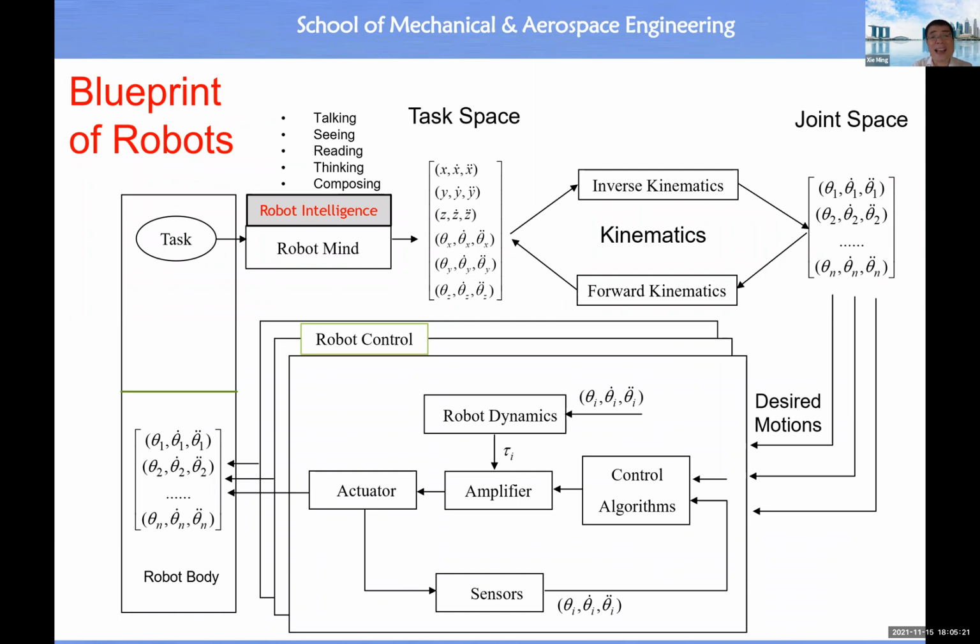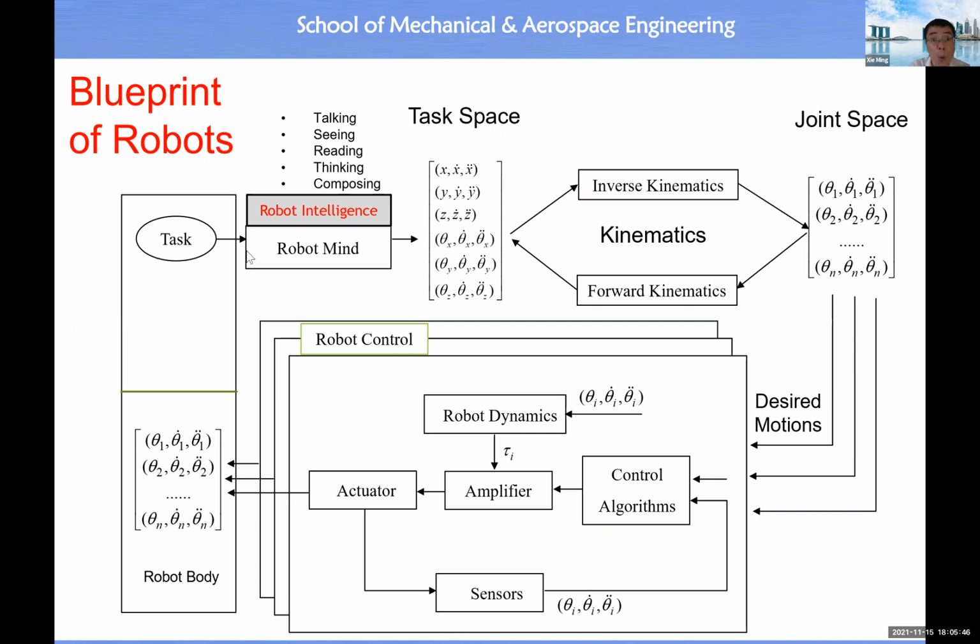Then, as a designer, you should know how to draft out the blueprint of your robot. This slide gives you a general guideline for you to plan the blueprint of your robot. And from this slide, you can identify the modules that we are going to study in this course.